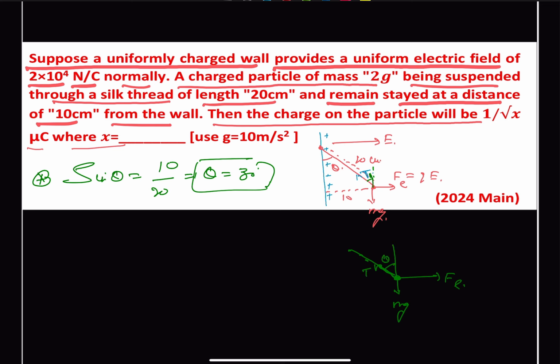So we are going to have the force T cos of theta, and this force will be T sine of theta. And in equilibrium, vertical and horizontal forces are going to balance each other.